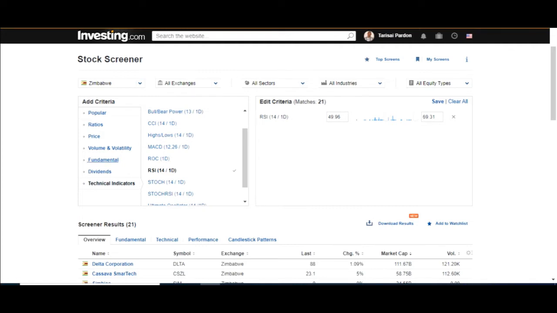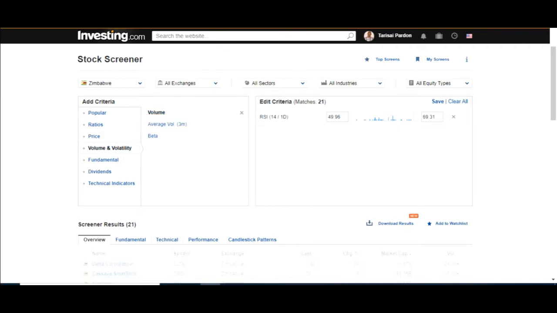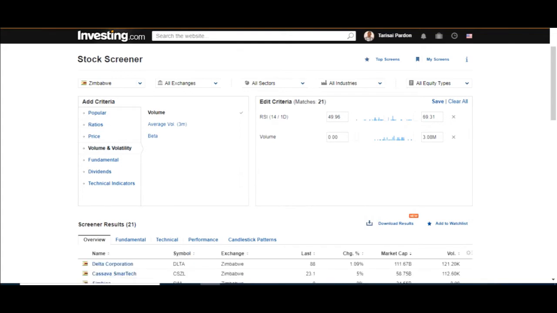I also like to look at volume when I am trading on the Zimbabwe Stock Exchange. In order to take care of liquidity challenges, I have to look at the volume, and by clicking on the volume it is automatically added to the edit criteria.